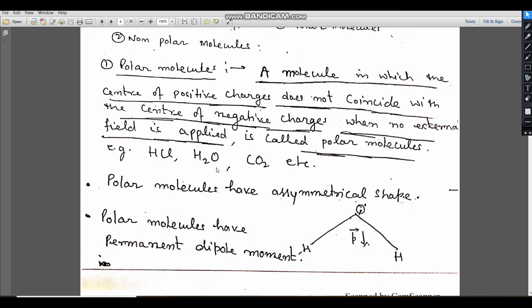In the case of HCl also, just take HCl as an example: H and Cl. The center of this hydrogen and the center of chlorine do not coincide with each other. Such molecules are known as polar molecules.